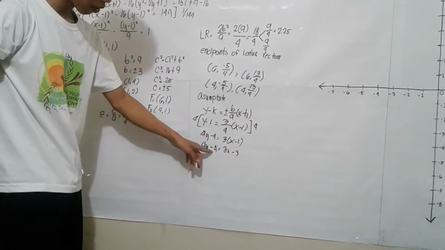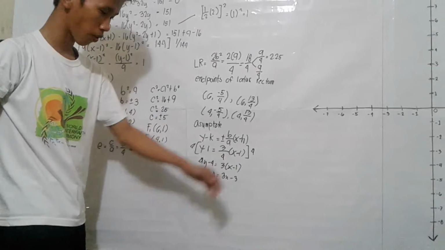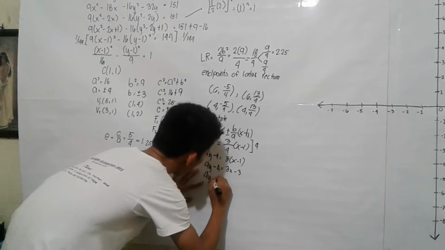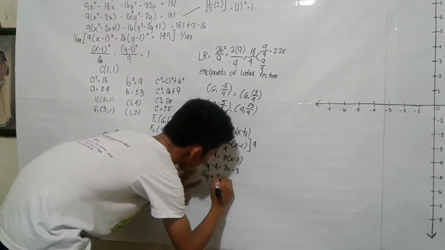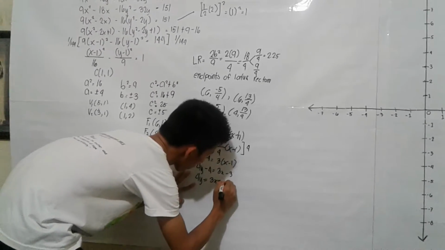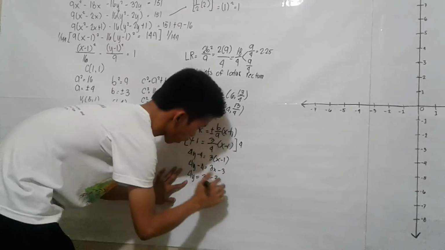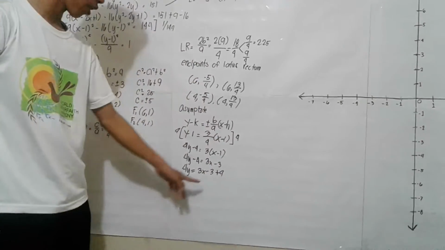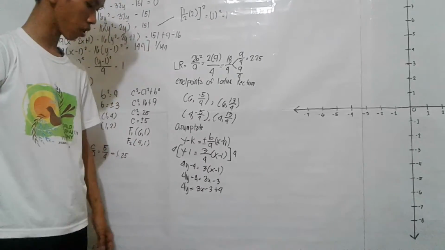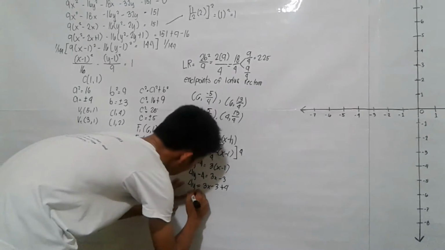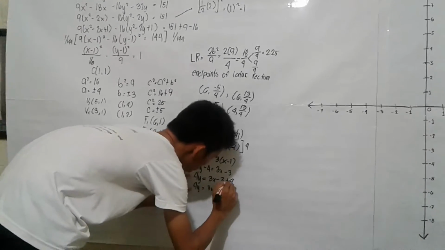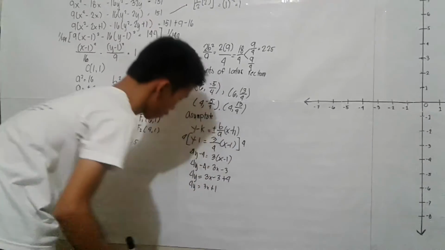So transfer this negative 4 to the right side. 4y is equal to 3x minus 3, this will become plus 4. So negative 3 plus 4 is equal to 1. 4y is equal to 3x plus 1.